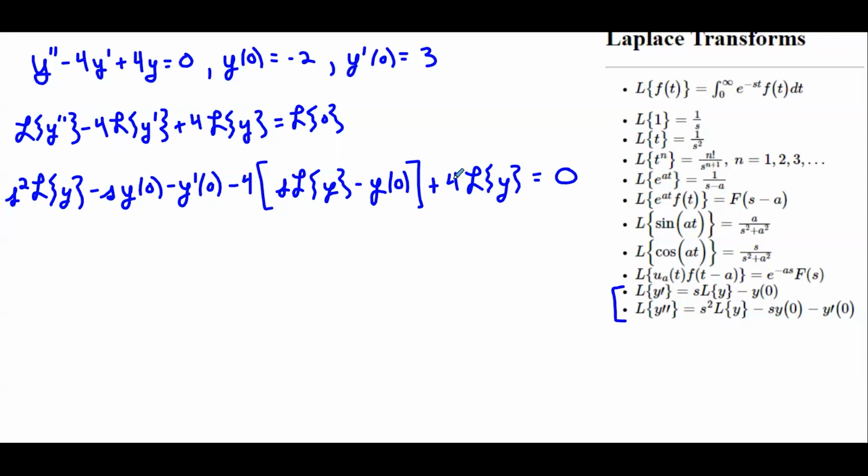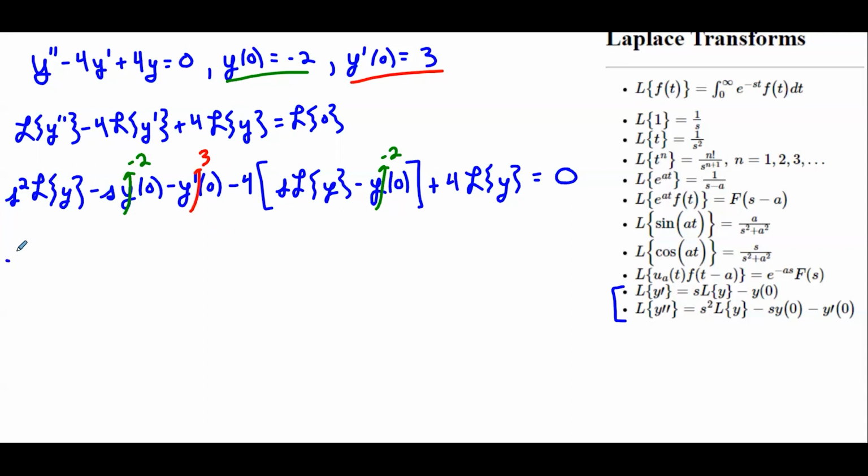So here we can plug in our initial values. So y of 0 equals -2. So that's -2. This one's -2. And everywhere we see a y prime of 0, we're going to plug in 3. So that one gets a 3.